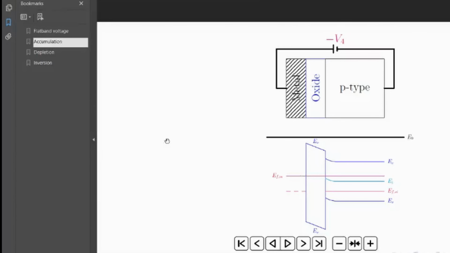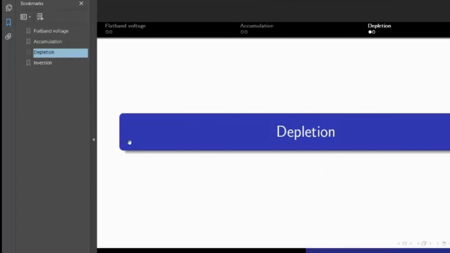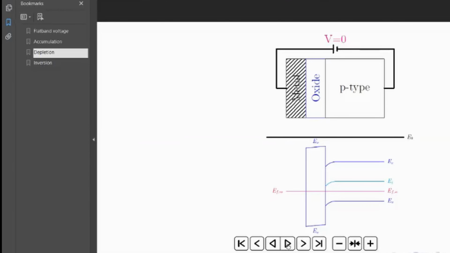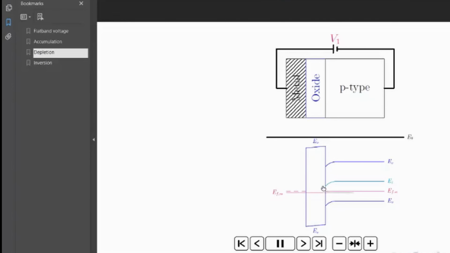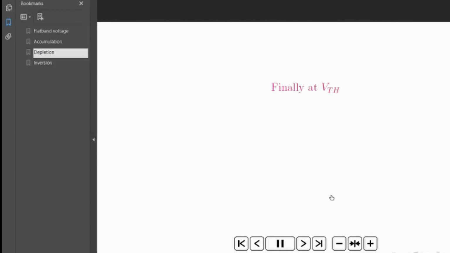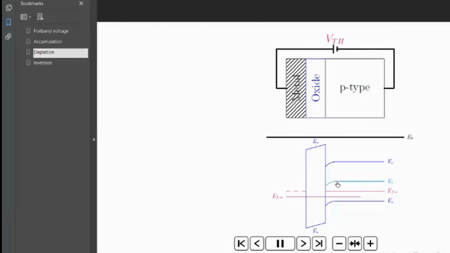Okay, so in the case of depletion as well as in the case of inversion, the band diagrams are not pretty right, but you can just use it. I'll just redraw this picture again because there are a few things that I have to modify. You could see that the bands are bending, and it almost touches the intrinsic Fermi level of the semiconductor, actually crosses the Fermi level of our silicon.